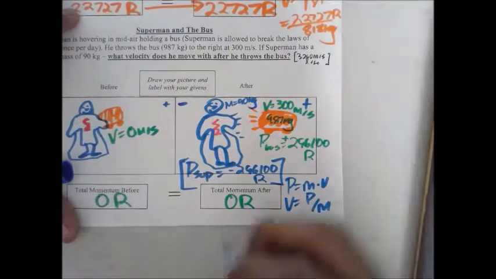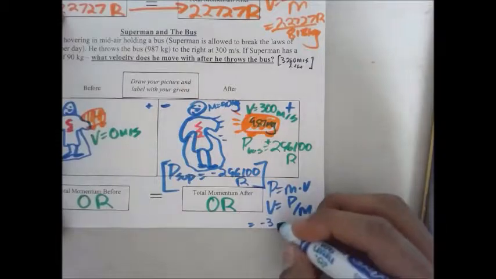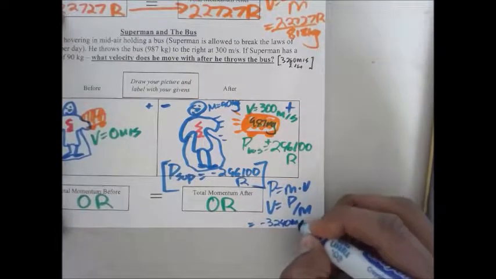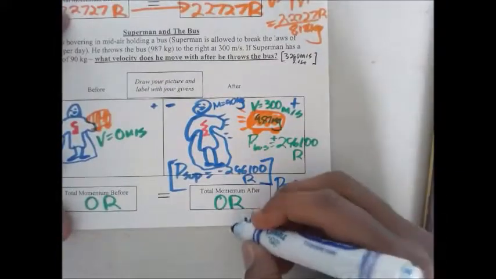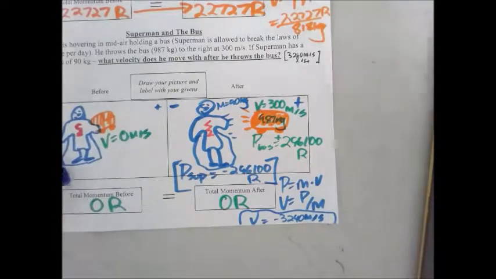So his velocity is going to be negative 3,290 meters per second. This could also be 3,290 meters per second to the left, so in the left direction. So you can leave it as negative or say to the left, because we assume that left is negative, right is positive. Alright, on to the next one.